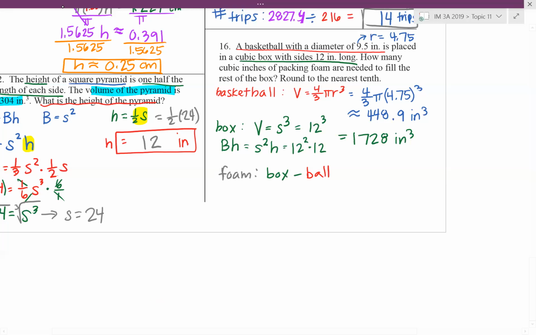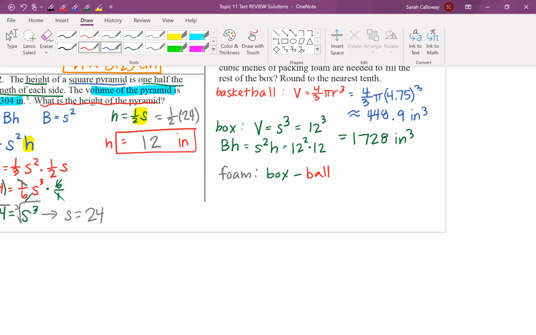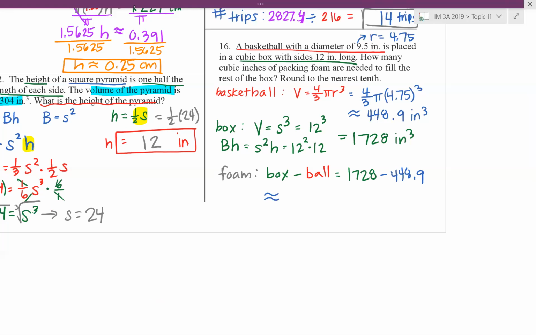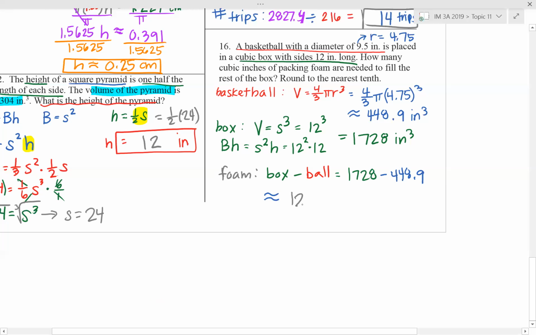And so that means that we're calculating the difference of 1728 and 448.9. And so if we subtract that, that means that the foam will take up about 1,279.1 cubic inches.